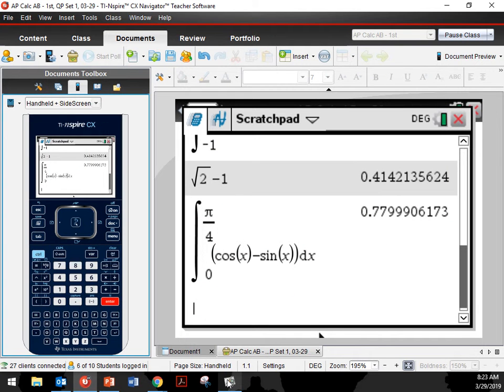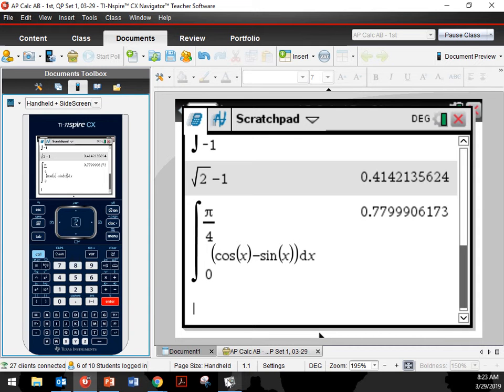Just press enter. Cool. Yes, thank you. Whenever I'm pushing, now it matters? Yes, why would it matter? Because I'm putting sine and cosine into the calculator, right? Yeah, degrees. That's where it does matter.